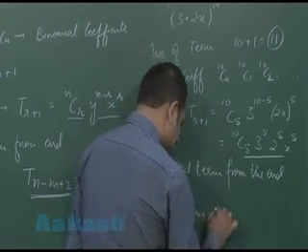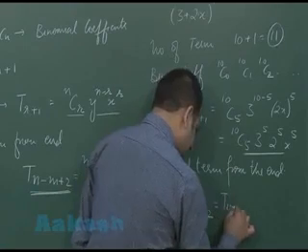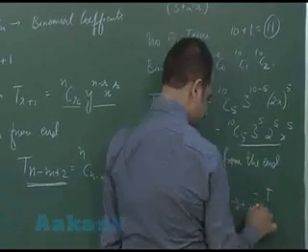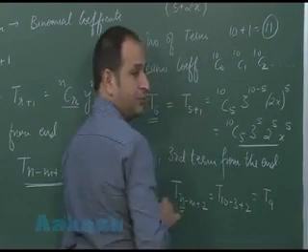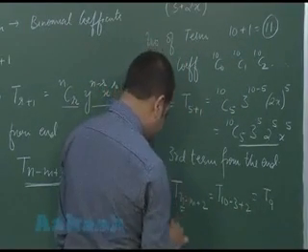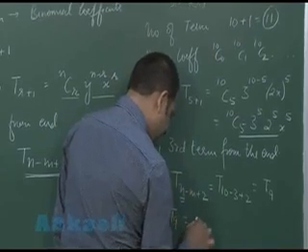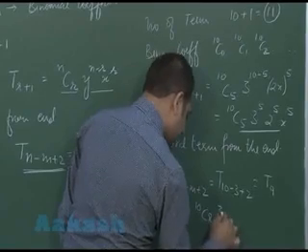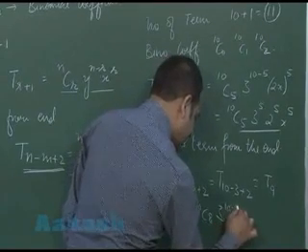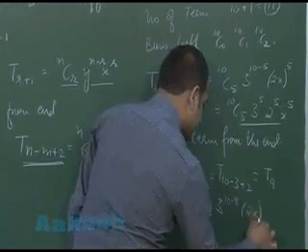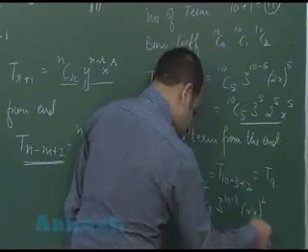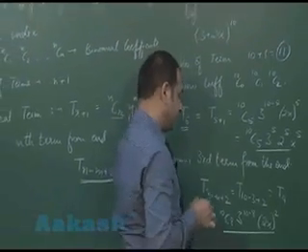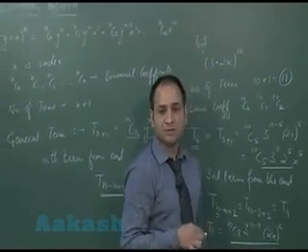N is the index, that is 10 minus 3 plus 2, that is equal to the 9th term from the beginning. So the 9th term, that is t9 from the beginning, will be equal to 10c8, 3 raised to the power 10 minus 8, and 2x raised to the power 2. This is the 9th term from the beginning, which is the same as the 3rd term from the end.